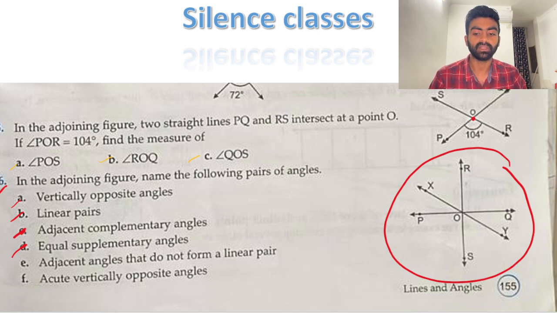Equal supplementary angles. Supplementary means their sum should be 180 degrees.